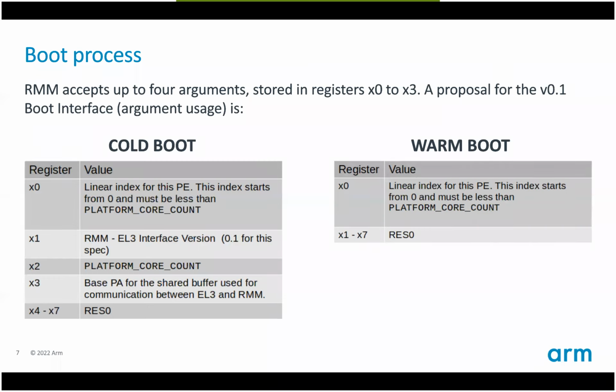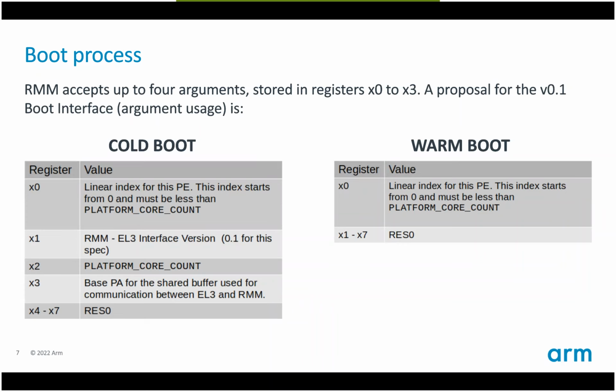Just to add more color, usually, to calculate linear index from a given MPIDR, it requires a platform-specific hash function implemented in RMM. So we want to avoid the dependency on platform-specific parts in RMM.